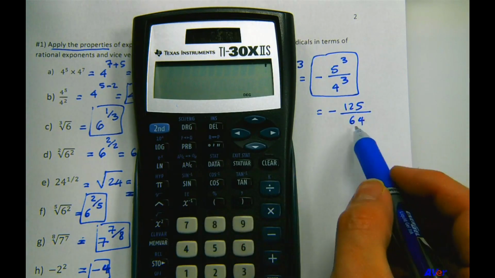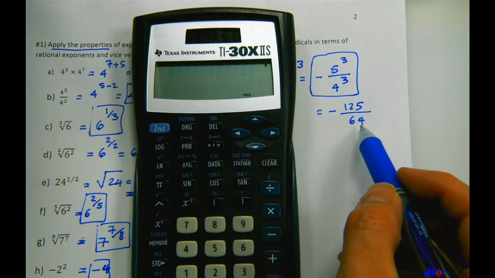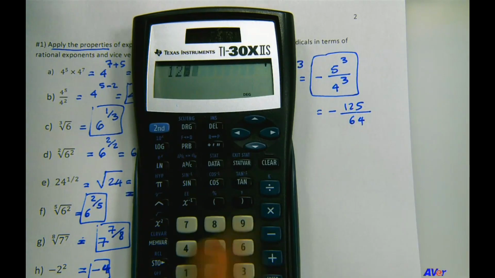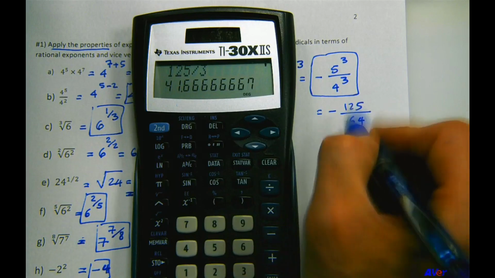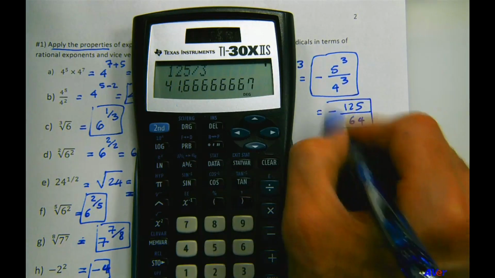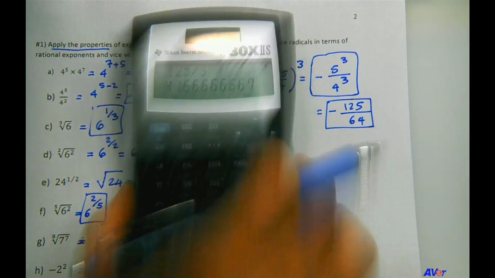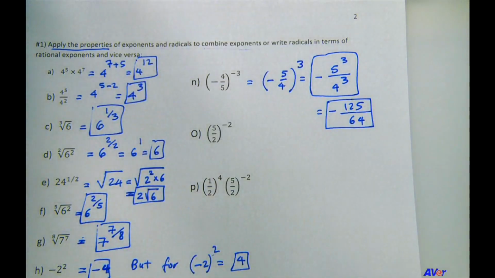Probably not. Let's see. 125 divided by 3? Nope. 64 divided? So it doesn't look like these can be simplified any more than that. At least I'm not seeing those two having any common factors. That's an even number and that's an odd number.